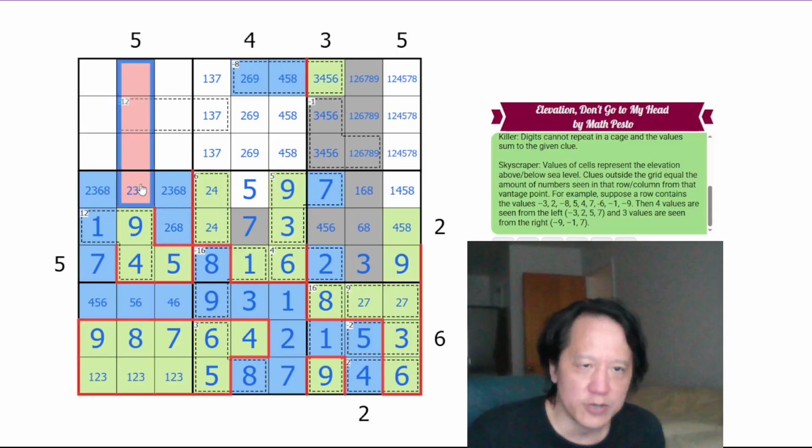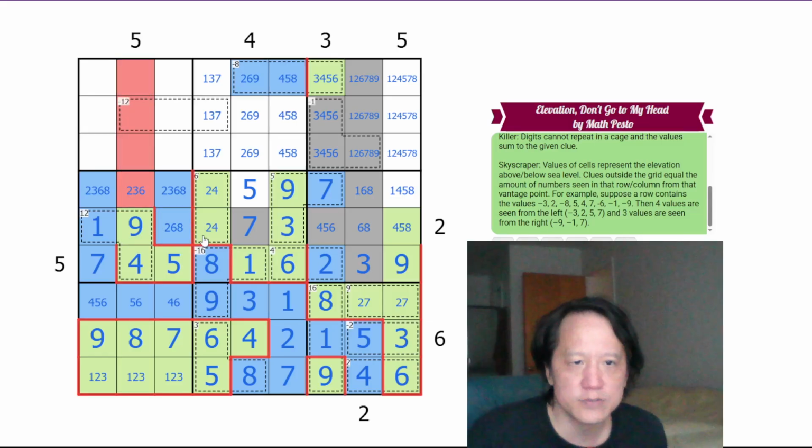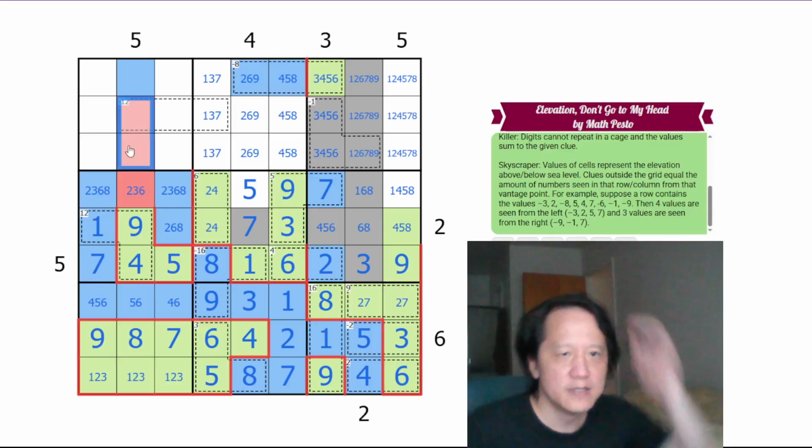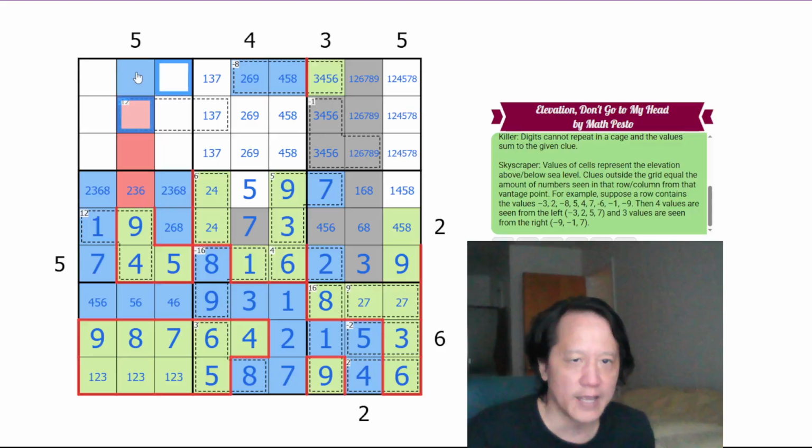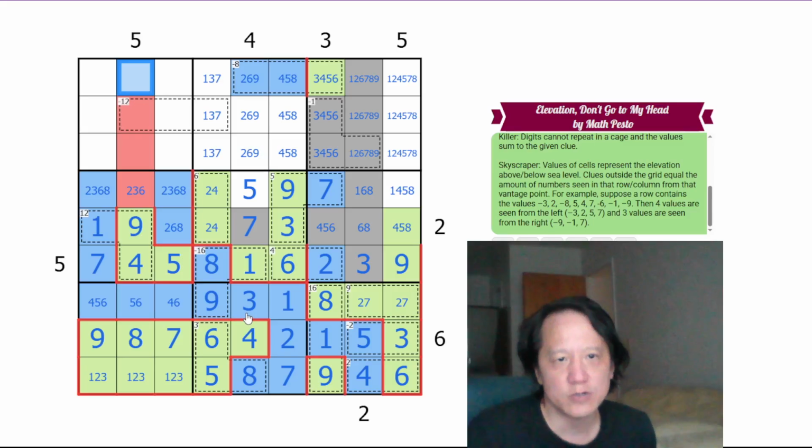One of these is going to have to be a water at least because the water must orthogonally connect. So that means this is guaranteed to be water because it has to see all 5 of these. So if one of these is water, it's going to have to see that water. And if this were land, that would not be able to see that. So we definitely know that's water.